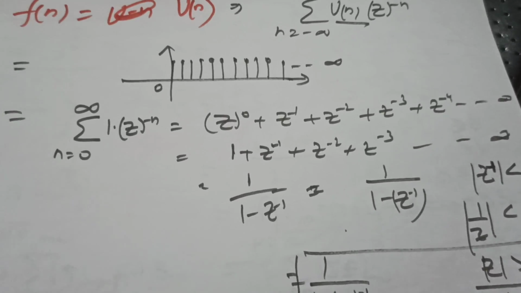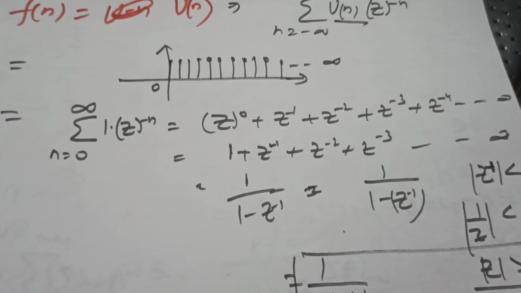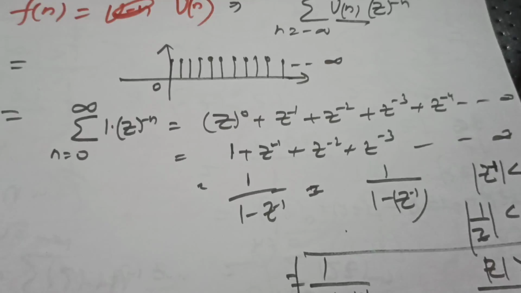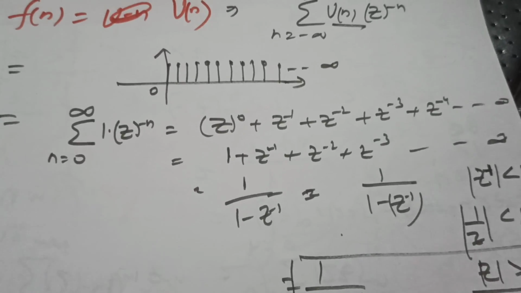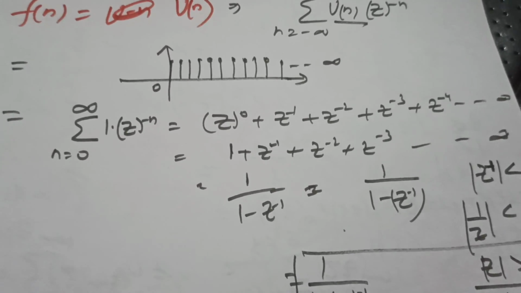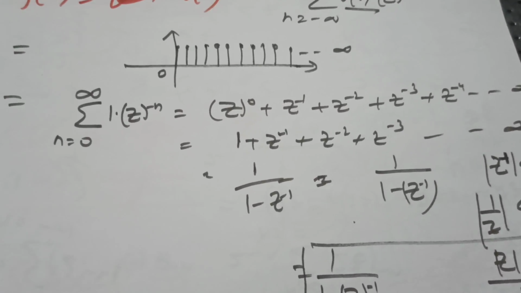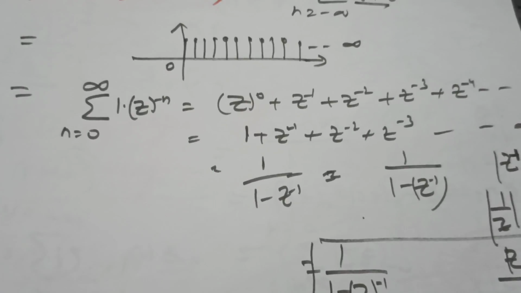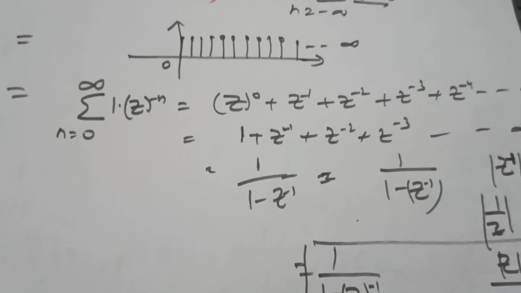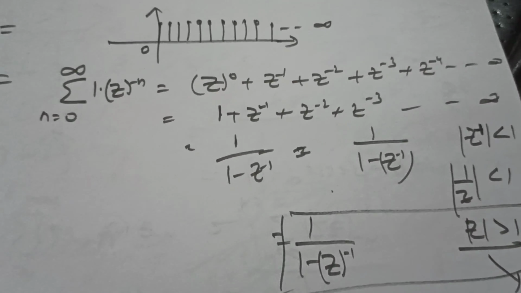But what I will suggest is that you should go for 1 upon 1 minus Z inverse. That is the best form. Engineering is not about remembering things, but even if you are trying to remember, the best form is 1 upon 1 minus Z inverse.